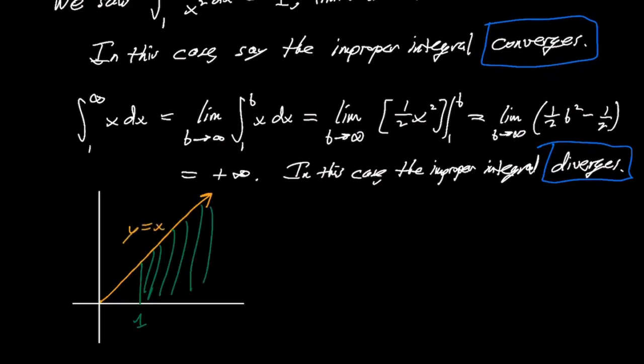You make this b and slide it to the right, and the area just gets bigger and bigger. So this had no hope of converging. This is obviously going to diverge as b slides to the right.